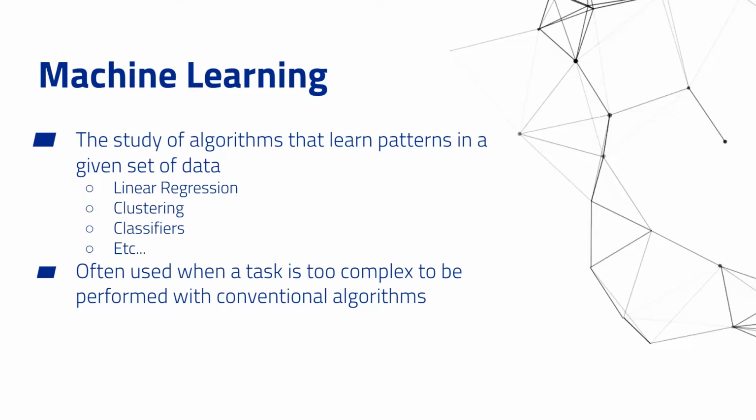A classifier classifies whether something is of group 1 or group 2. We'll look specifically at a classifier today, classifying EEG signals, to classify whether the signal belongs to a patient or to a healthy participant.